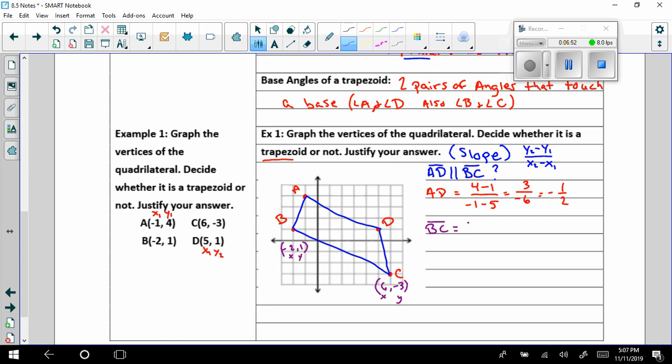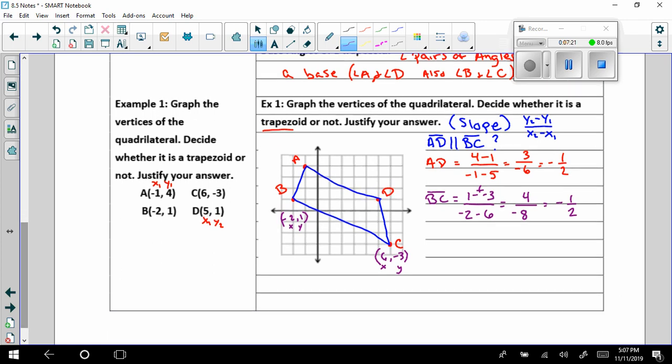So I have 1 minus negative 3 over negative 2 minus 6, or you could flip both of those as long as that 1 and that 2 are vertically aligned. So 1 plus 3 is 4, and negative 2 minus 6 is negative 8, which reduces to negative 1/2. Now, just to verify, you can kind of tell by looking, but it's good to prove everything. These are parallel.